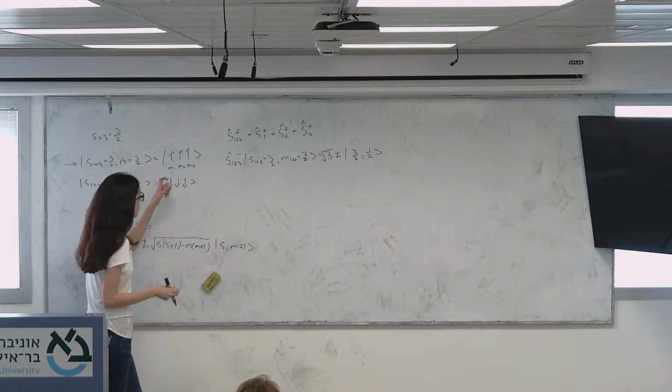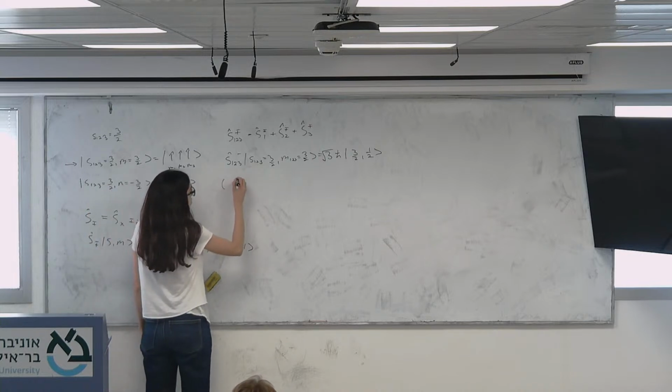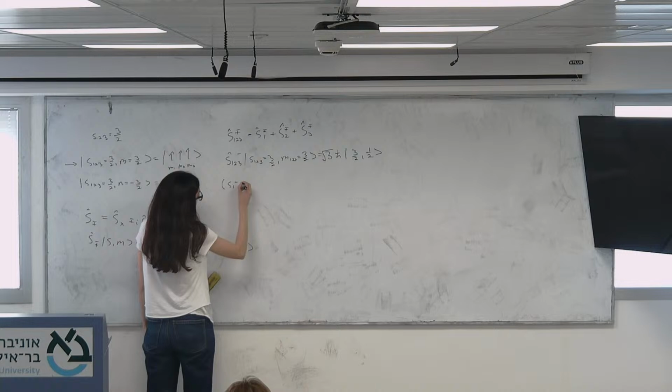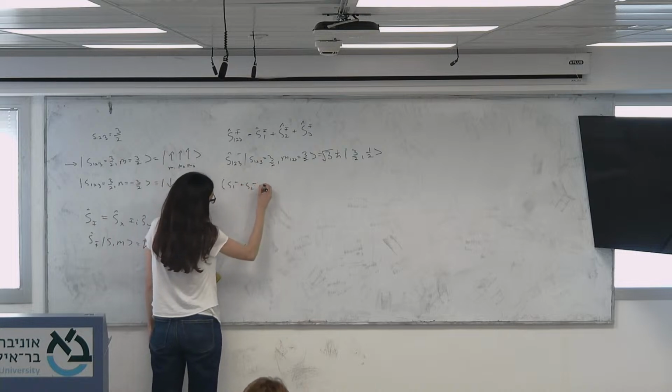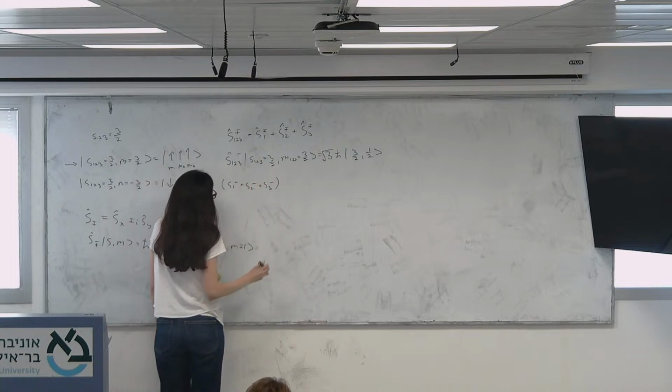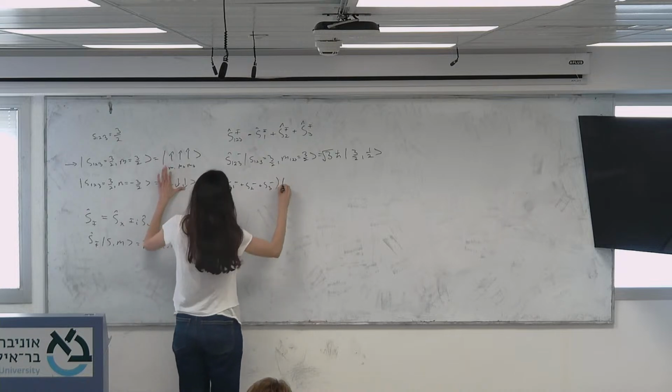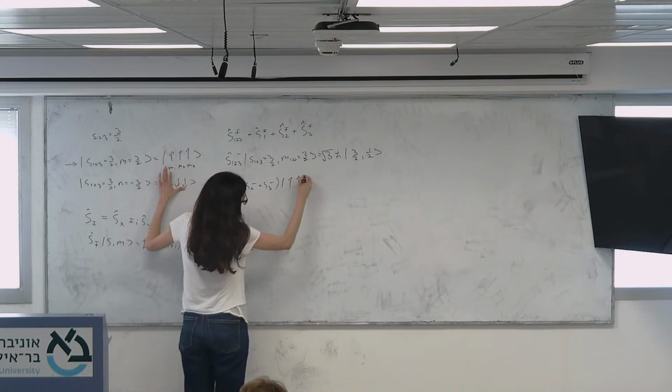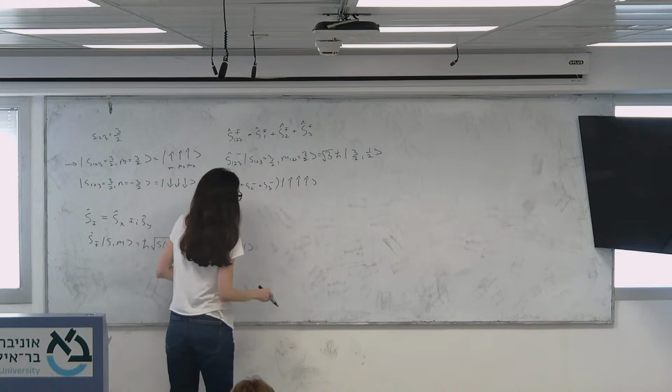So now let's do the other side. S1 minus plus S2 minus plus S3 minus multiplied by all three spins heading up.